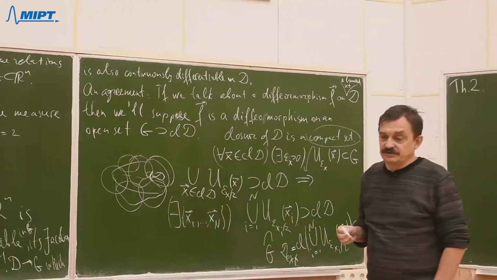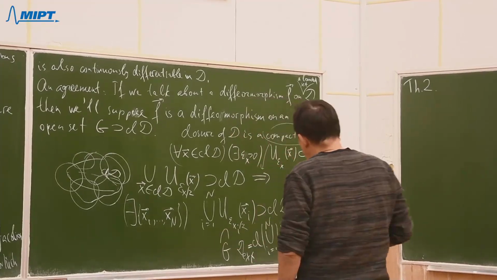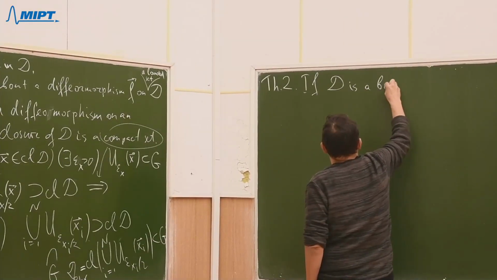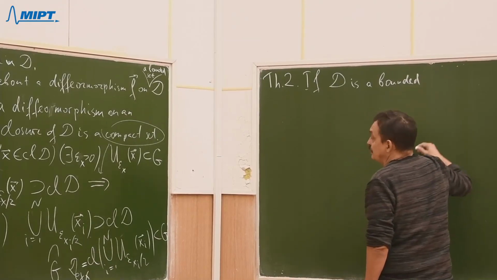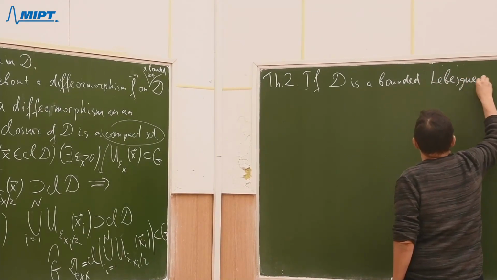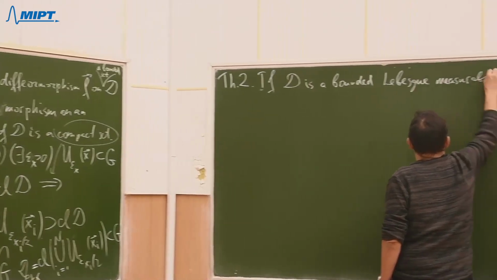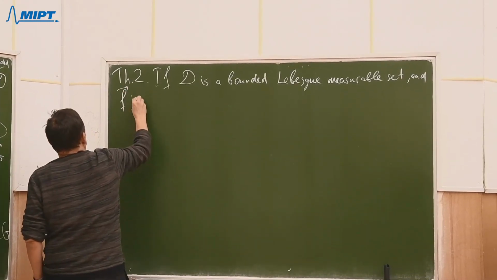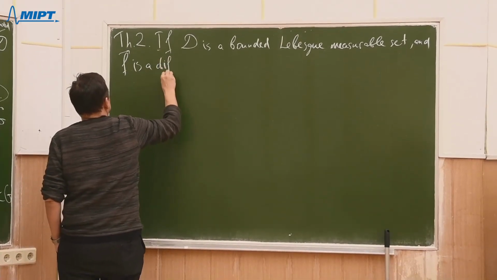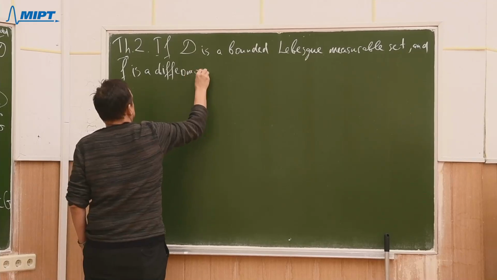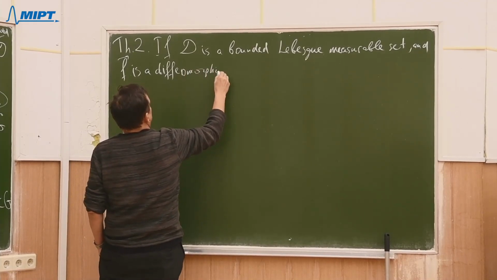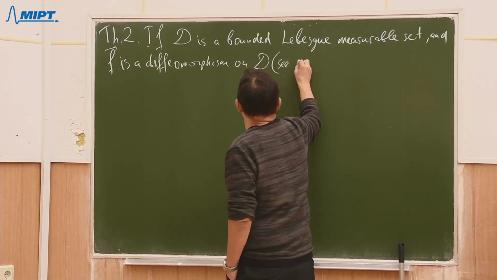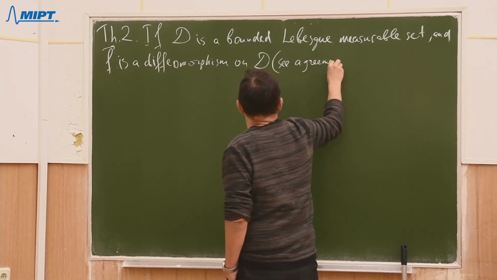So Theorem 2 says that if D is a bounded Lebesgue measurable set and F is a diffeomorphism on D, C1, right?